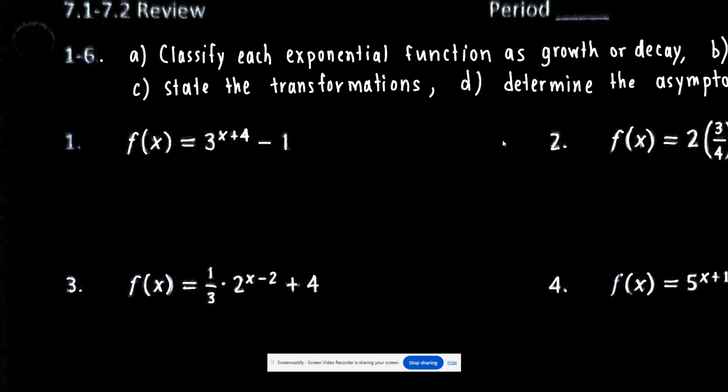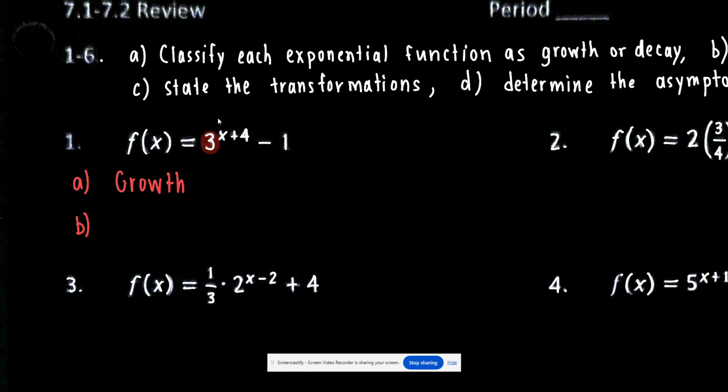So first, how do I determine if it's growth or decay? Well, it's all about the base of my exponent. You see the base of my exponent right there? It's a 3. 3 is greater than 1. This is definitely exponential growth. Now, kind of right along with that, these next two, they kind of go hand in hand.